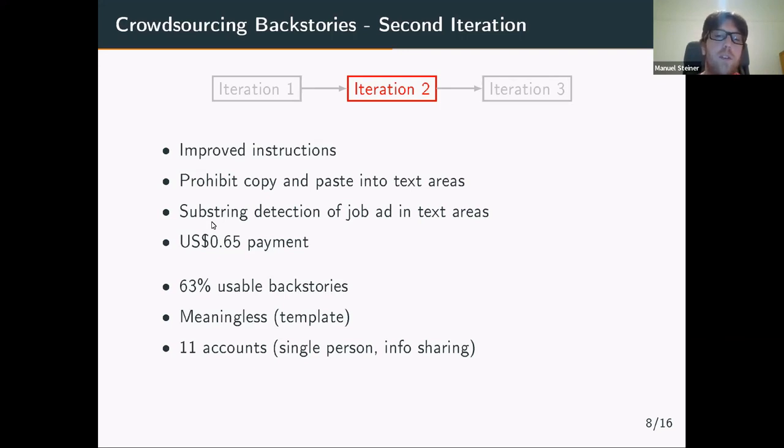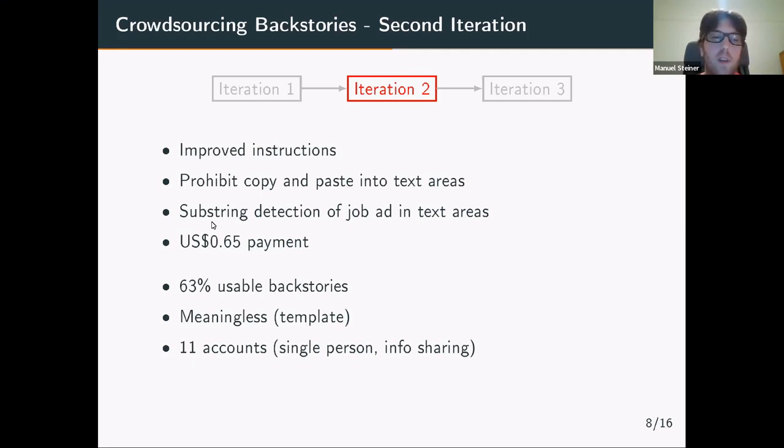This was a template that exhibited a combination of a hirer's and job seeker's perspective, but the template was filled out with slight variations so that the submissions would still be unique, but they were unusable as job seekers' backstories. So this was either a single person doing that with 11 accounts or just people sharing information.